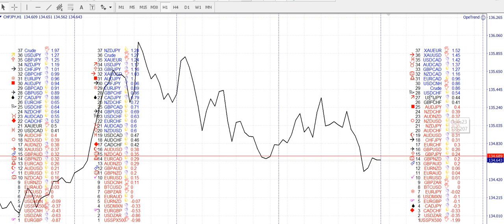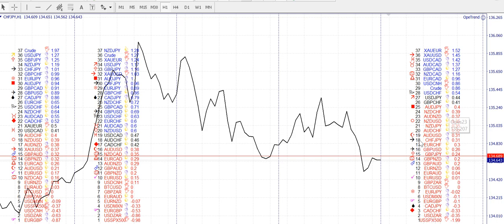Although the silver and the gold have not opened now, the market has not opened for them as I'm speaking from this part of the world. But normally, that's NZDJPY, and this is crude oil. The one you see on top is the strongest, and the one at the bottom is the weakest, like I explained before.